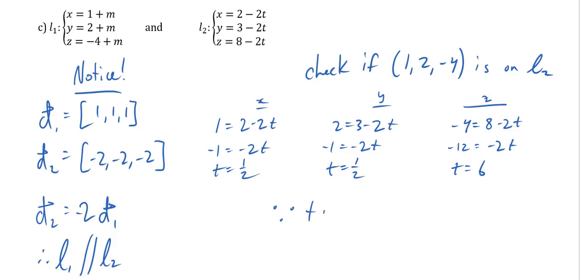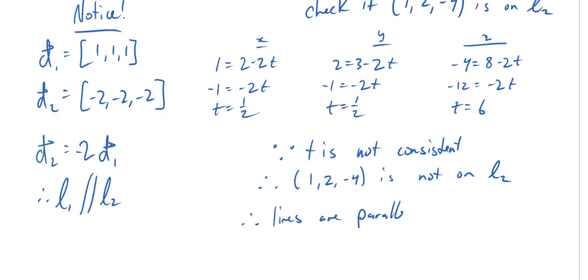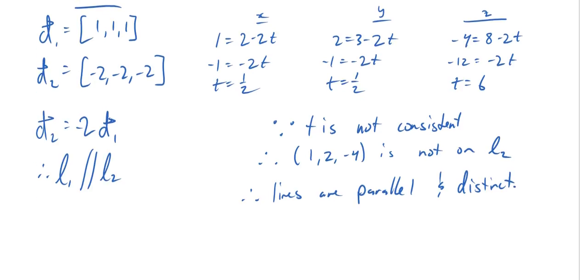Since t is not consistent, (1, 2, negative 4) is not on L2. Therefore, lines are parallel and distinct. Any questions?